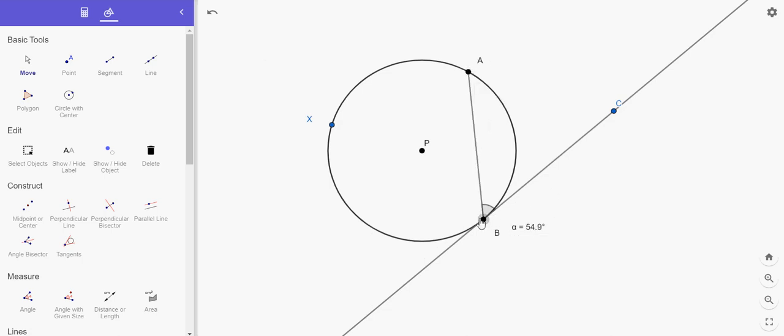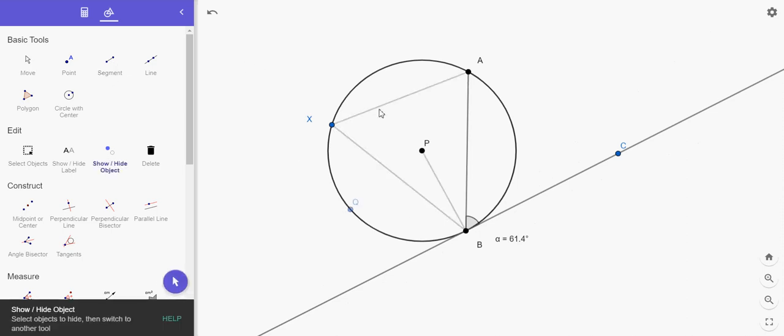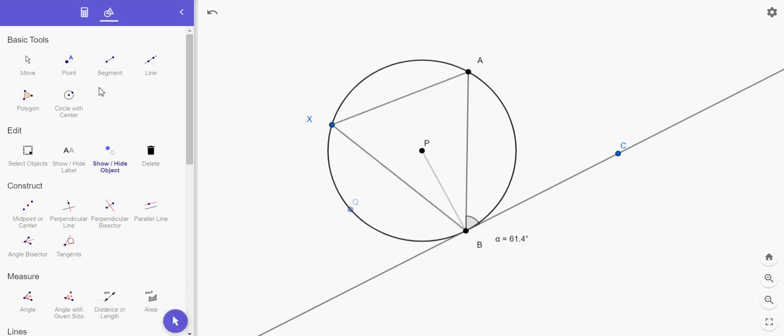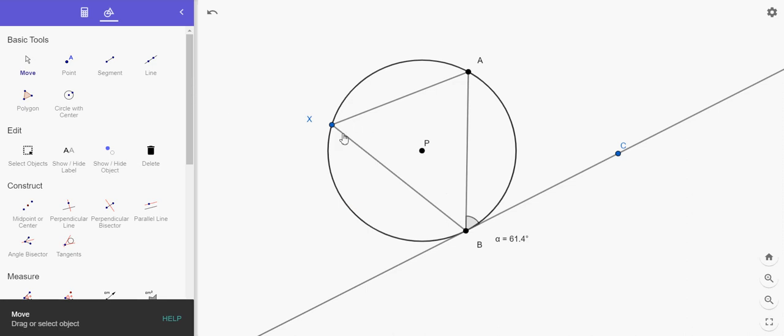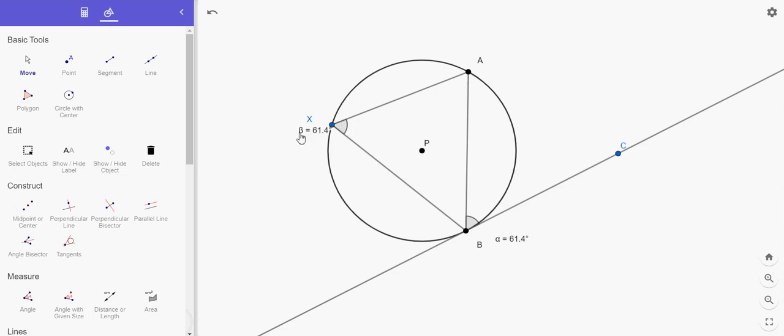Now, how are we going to figure out how to measure this angle? Well, it turns out that there's a pretty cool way to do it. See this inscribed angle right here that intercepts this arc. Let's construct this angle right there. Notice that the measure of this inscribed angle is equal to, of course, half the measure of this arc.